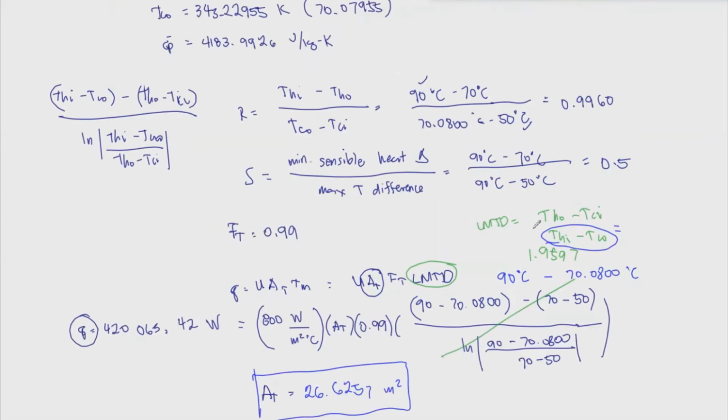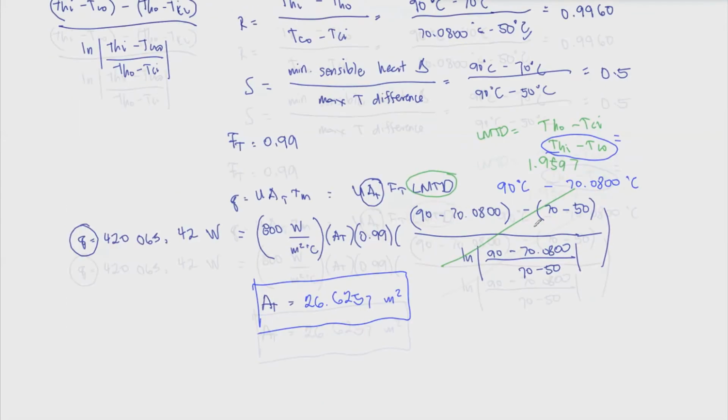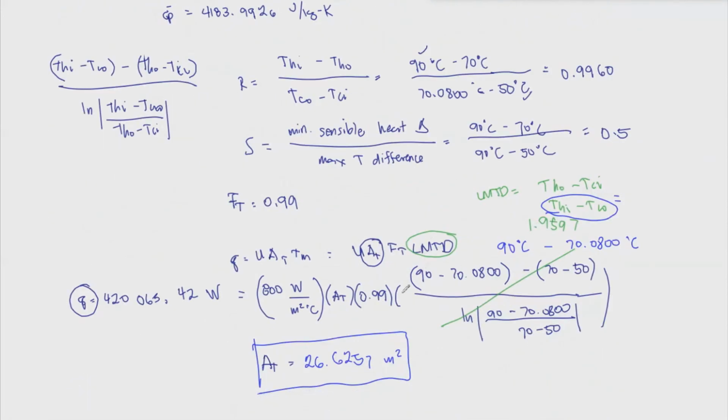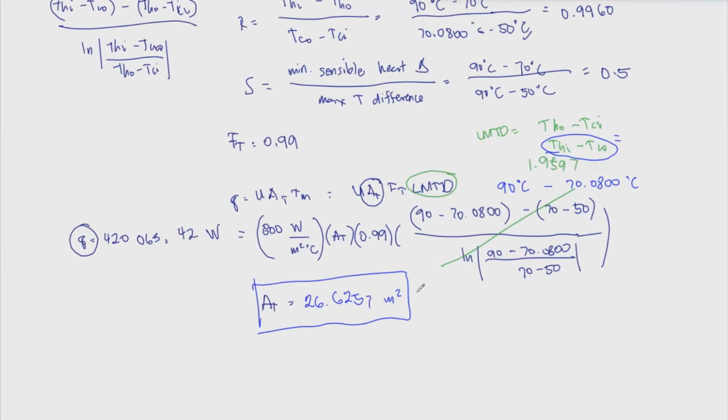So if that's the solution, I will still accept it, no, provided naman na malapit yung maging sagot. So if we'll do that, you will be getting 20 for this case, and then that's 20 times 0.99, and then that's 19.8. So 420,063.42, divide natin siya doon, and then divide by 800. So you'll be getting 26.5192, which is still very close to the answer.